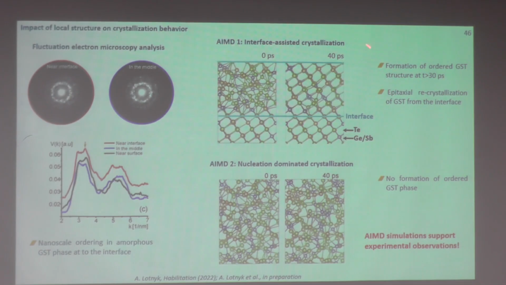Of course, we are not on the same time scales. Here we are on picosecond time scales, and our experiments are on second time scales, but it can give a little bit of a feeling that the simulation and experiments are in line. So if we start with a system like crystalline here, an amorphous stack, and if we heat up this stack to 600 Kelvin, at this temperature we can crystallize the material.